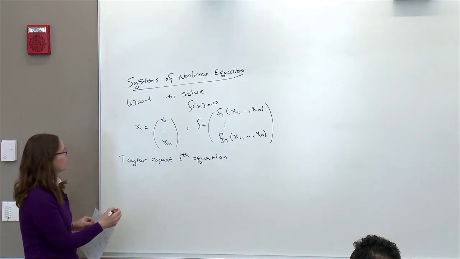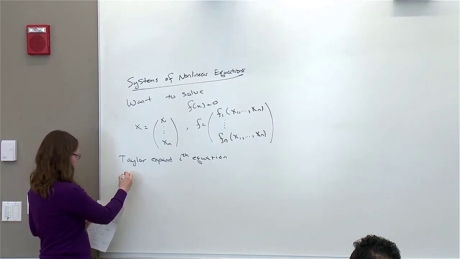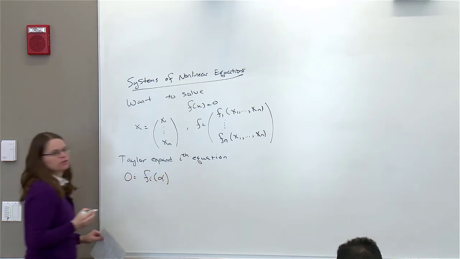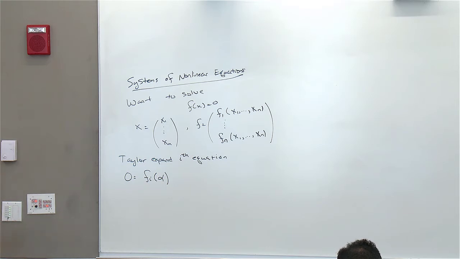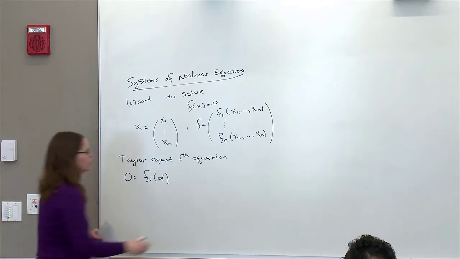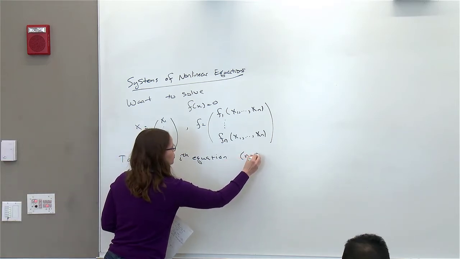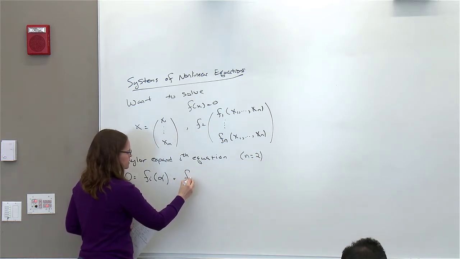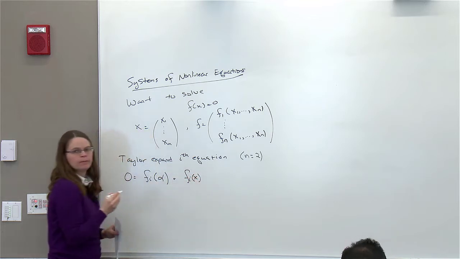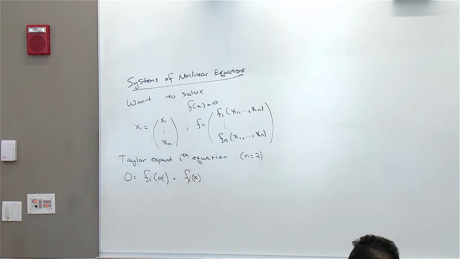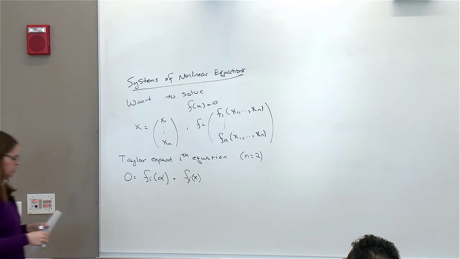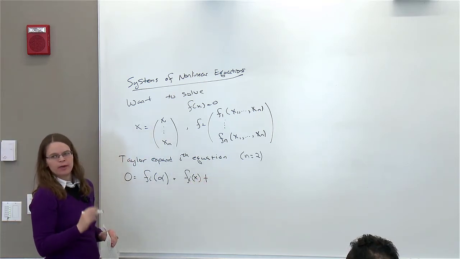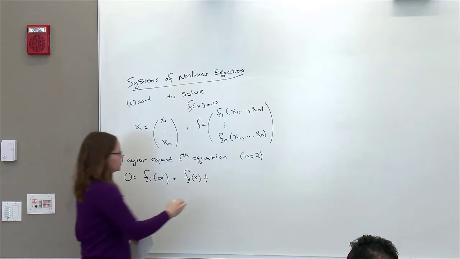Okay, so if I Taylor expand, what do I know? I know that fi of alpha, if alpha is my root, is equal to 0. Okay, so let's do this for n equals 2. So if I Taylor expand, I get fi at x. Then I need my first derivative terms. So I have to Taylor expand along the x1 direction and along the x2 direction.